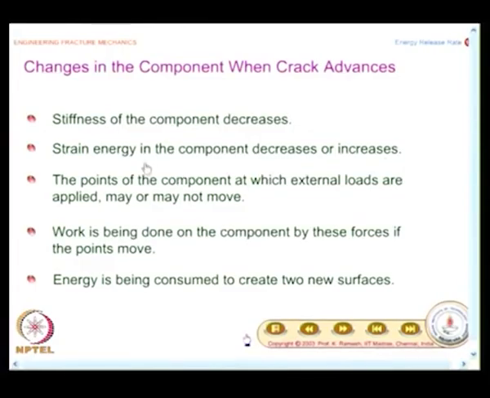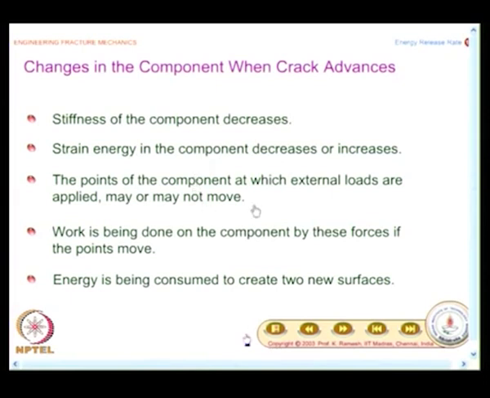This statement needs to be qualified. Unless you take up an example, look at it, what happens when the crack advances. We would take up situations in a manner that in one case strain energy increases, in another case strain energy decreases. So, it is possible. Although you may not understand right now, we can take up an example and see.